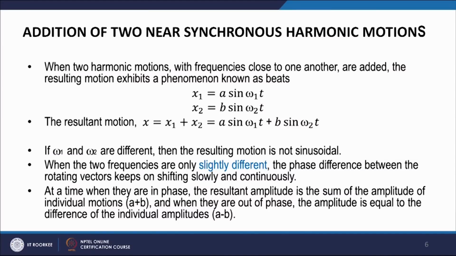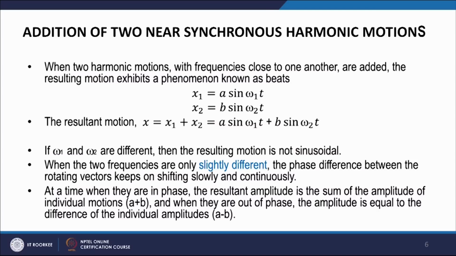If there are two motions, x1 equal to a sin omega 1 t and x2 equal to b sin omega 2 t, where a and b are amplitudes of the two motions and omega 1 and omega 2 are the frequencies, and when omega 1 and omega 2 are very close but not the same, then the beats phenomena occurs.